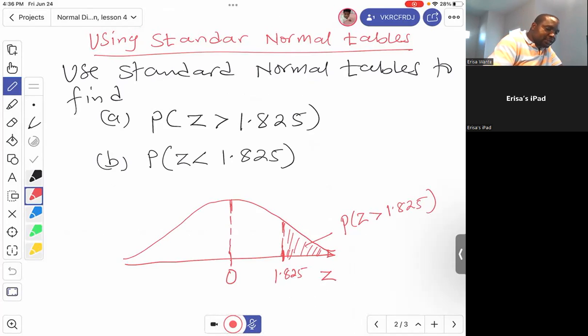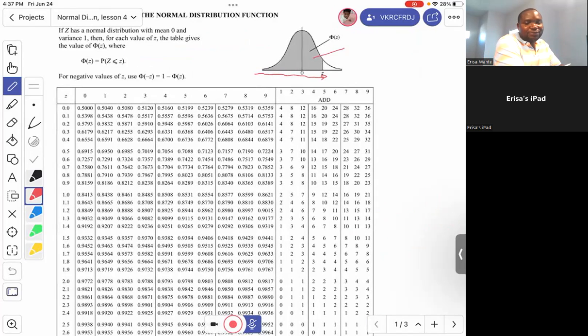This probability will be equal to 1, because the total area under the curve is 1, minus the probability that Z is less than 1.825. This will be the case if I'm using the table right here, which reads from negative infinity up to a particular value of Z. So this table reads probabilities for Z less than a particular value.